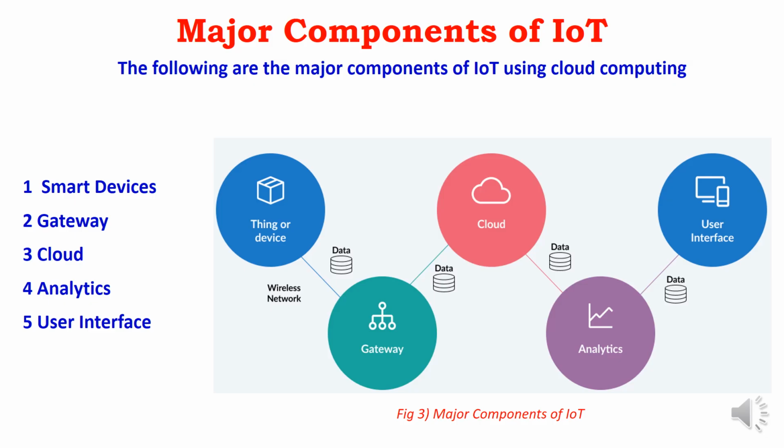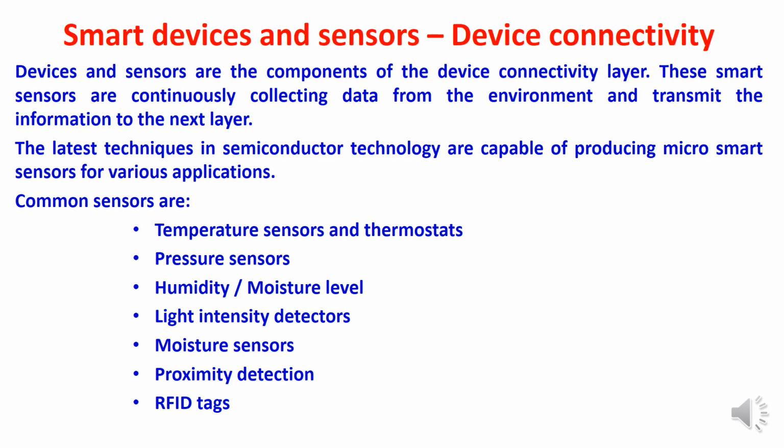Let me explain about these components one by one in detail. Smart devices and sensors, that is device connectivity. Devices and sensors are the components of the device connectivity layer. These smart sensors are continuously collecting data from the environment and transmitting the information to the next layer.